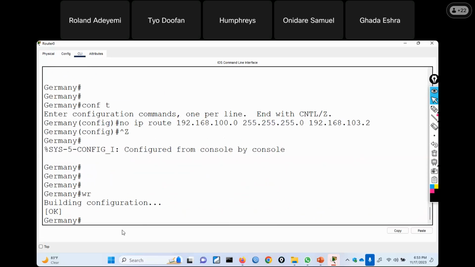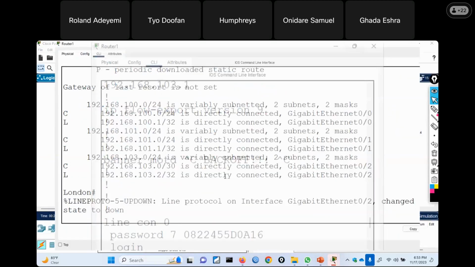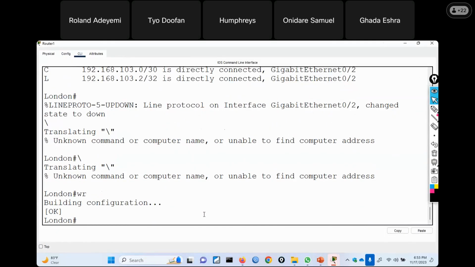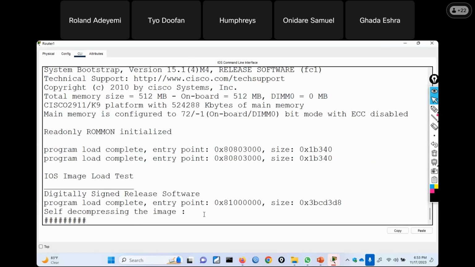So let me save and reload again. So sometimes when you run into trouble, work your way back, save your job, reload your router. When I say work your way back, undo what you have done, restart the router, and then you do it again. And most of the time in the real world, this works.